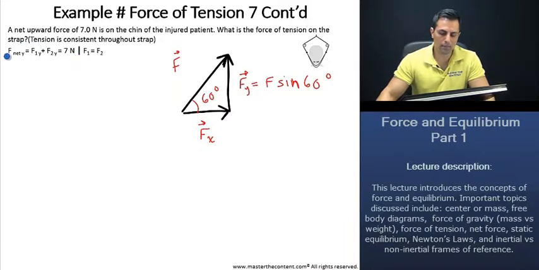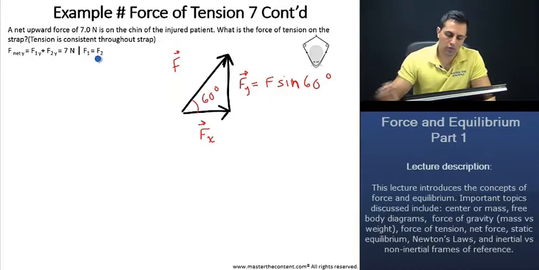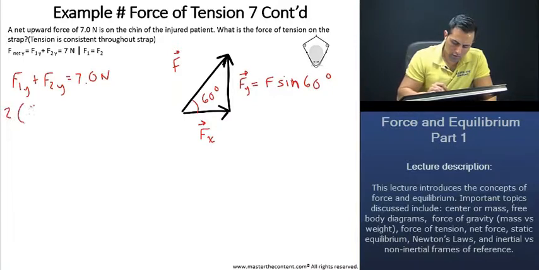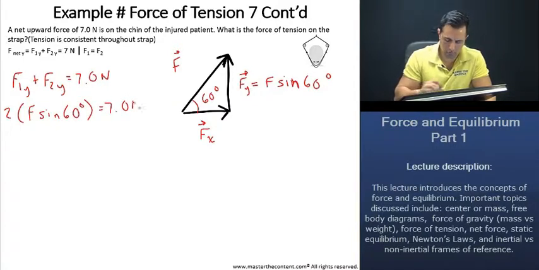Furthermore, because we know that force 1 is equal to force 2, we can write this as just 2F sine 60 degrees, and that's going to be equal to 7 newtons.